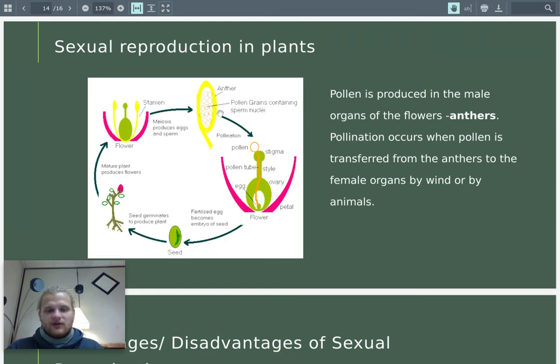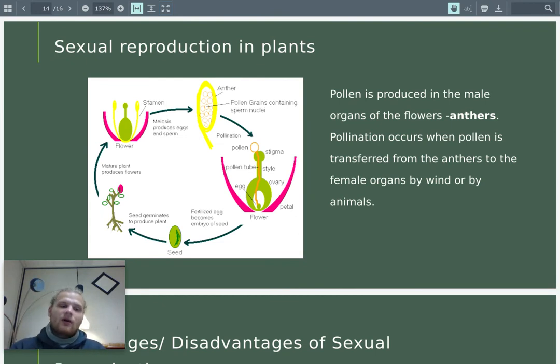They produce the sperm, and instead of calling it sperm, we call it pollen. The pollen is the male gamete, the sperm of the flowers, and that is transferred to the female organs, either by wind or by animals. Typically, you see bugs or bees do this.